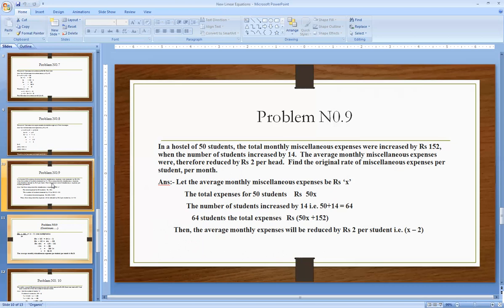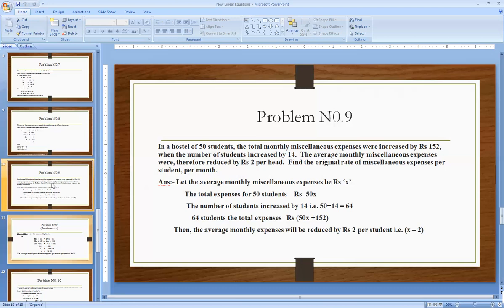We have to calculate the miscellaneous expenses for each student for a particular month. In the hostel, the total number of students is 50, and the miscellaneous expenses increased by 152 when the number of students increased by 14.